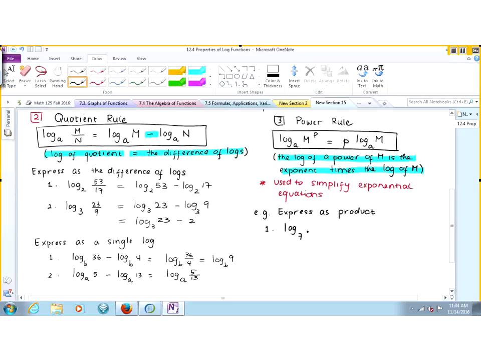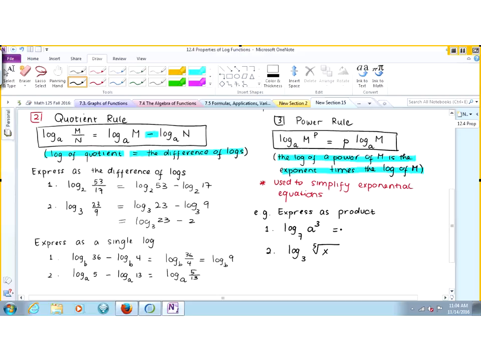Number 1, what is log base 7 of a cubed? And number 2, what is log base 3 of the 5th root of x?